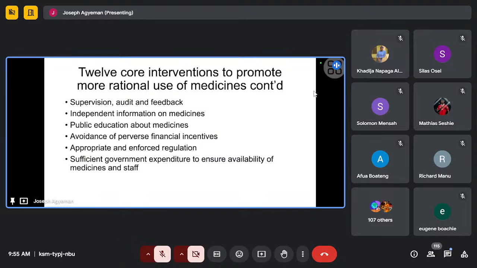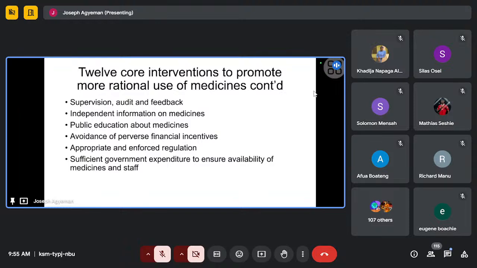Then the last but not the least, the government. You need to push in a lot of commitment. Cash. You hire more staff. Few staff will be stressed, and more mistakes will happen. Once you prescribe with mistakes, you dispense with mistakes. That will not contribute to rational use of medicines.